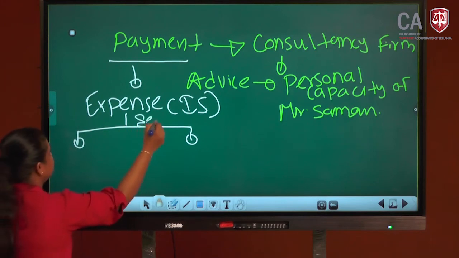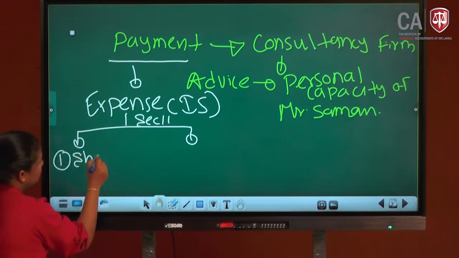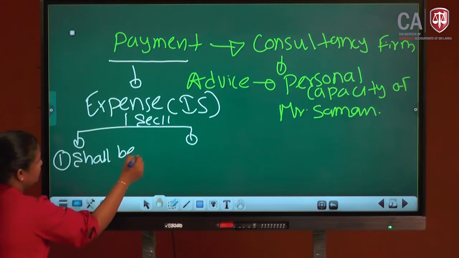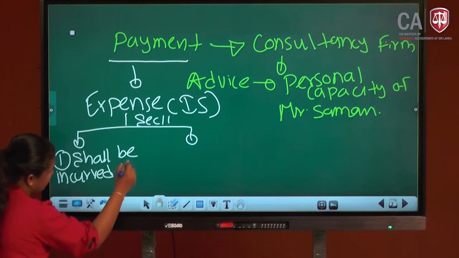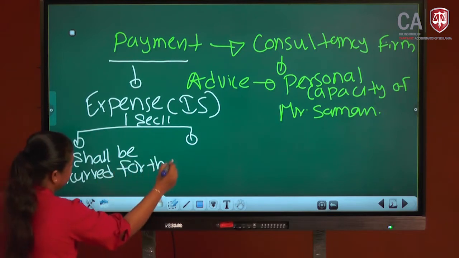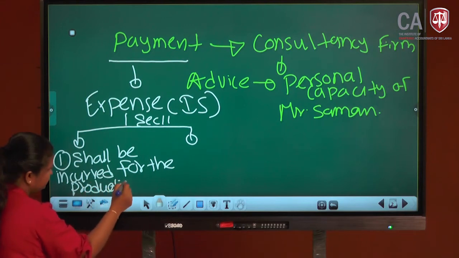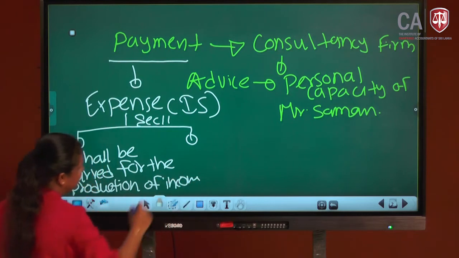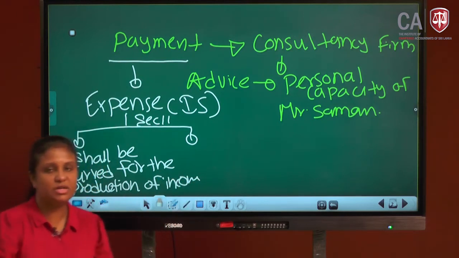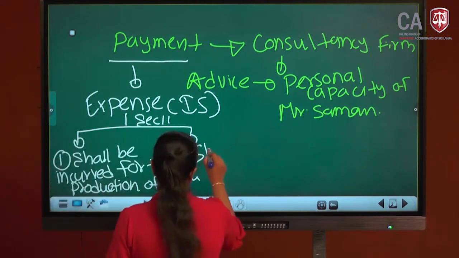In section 11, it is given that the expense shall be incurred for the production of income in the relevant year of assessment, and shall not be of a capital nature.